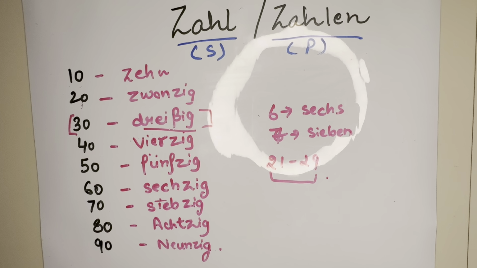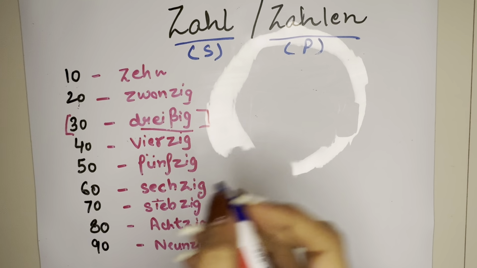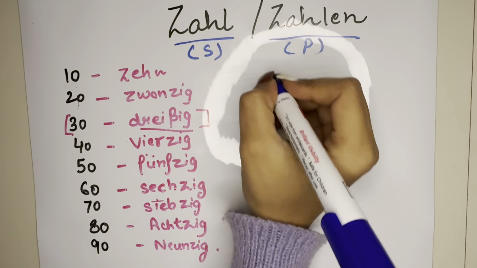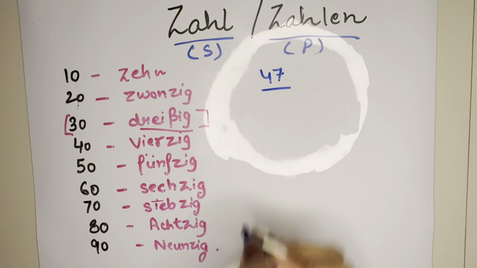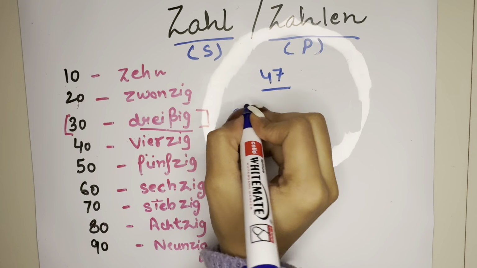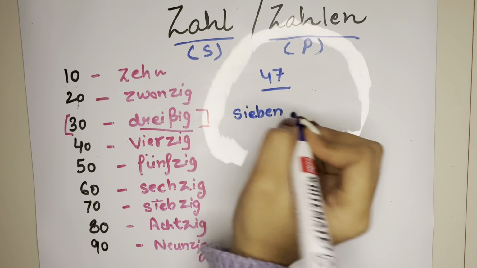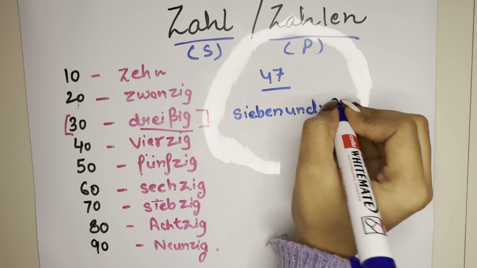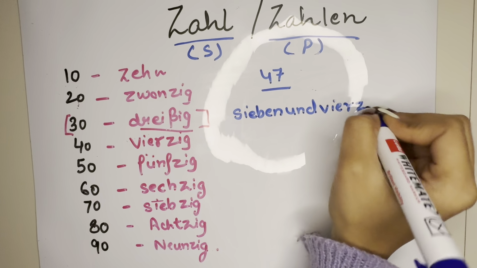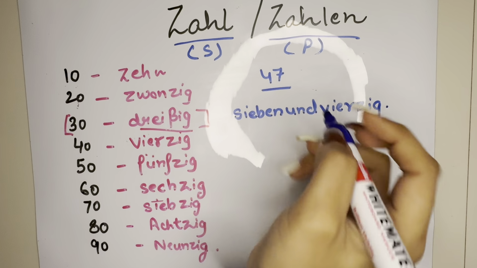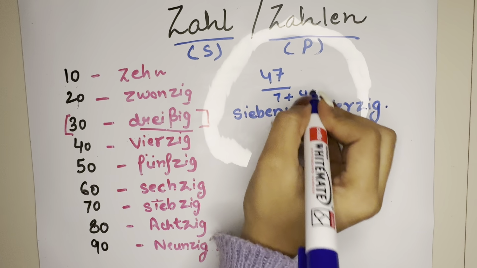I can give you a few examples as well. If we are to write 47, then how are we going to do it? Sieben und vierzig. This is how we'll write 47: 7 and 40.